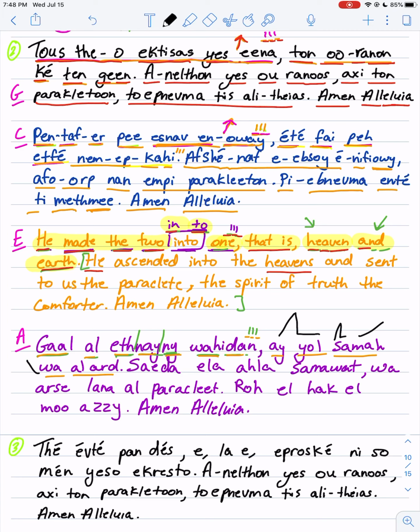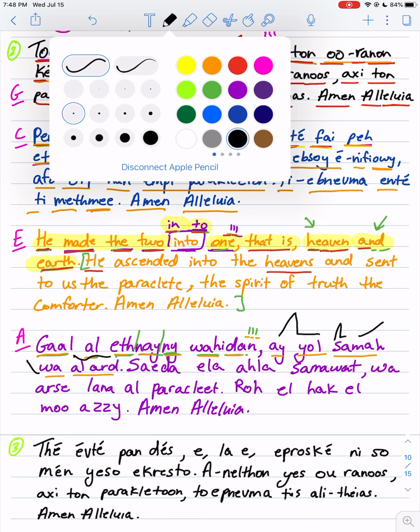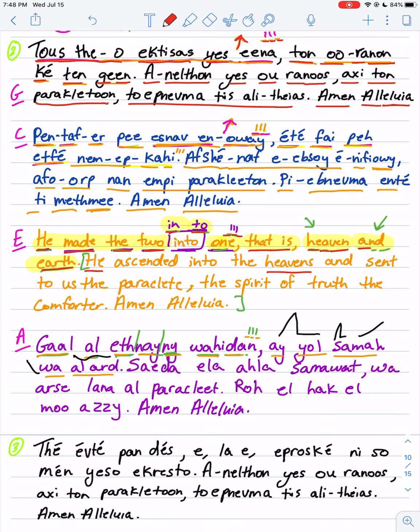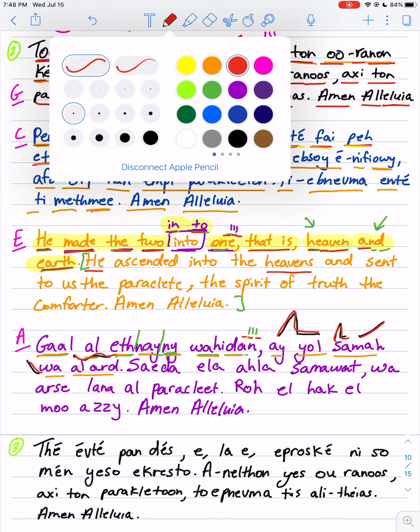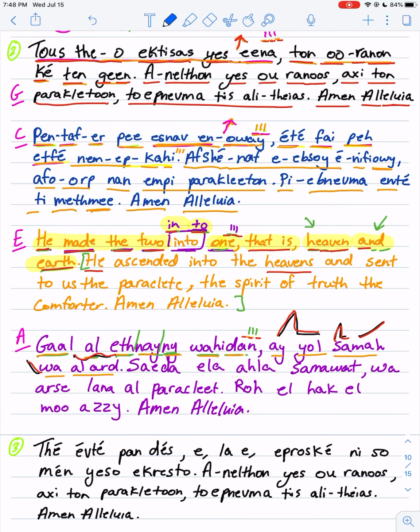So ard comes down here. So look. جعل الاثنين واحدا أي السماء والأرض. And the refrain is the same, but let's practice the Arabic one more time.